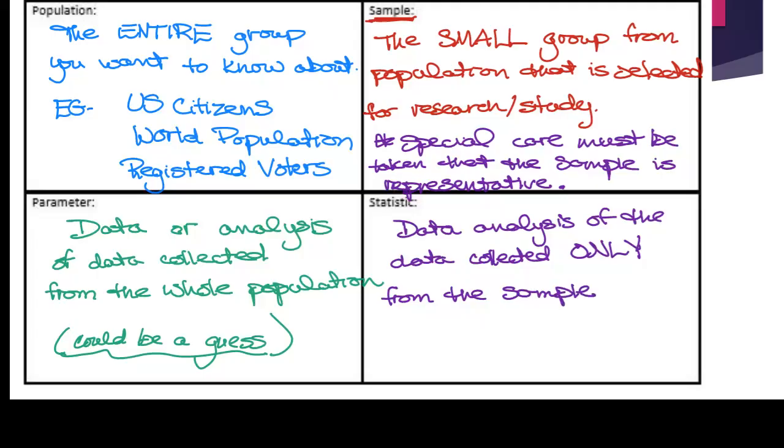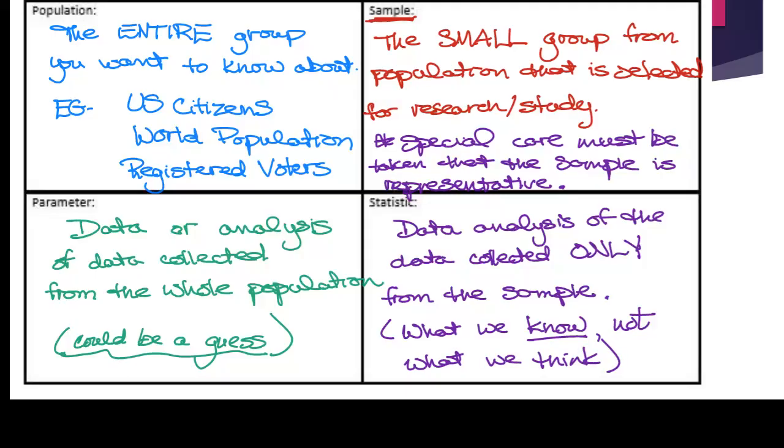Only from the sample. And this would be in parentheses what we know to be true, because we can actually talk to these people and manage the amount within the sample, comma, not what we think, what we know to be true.